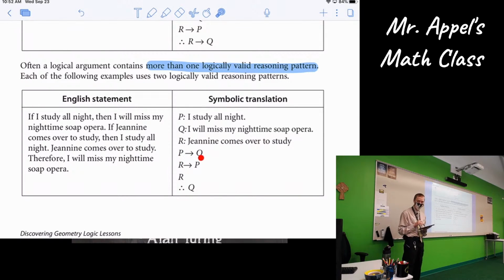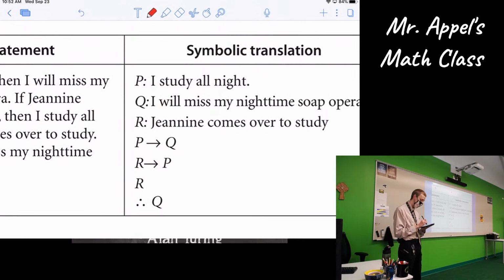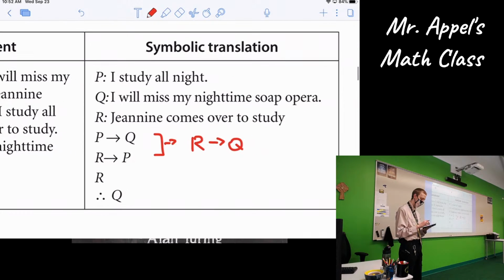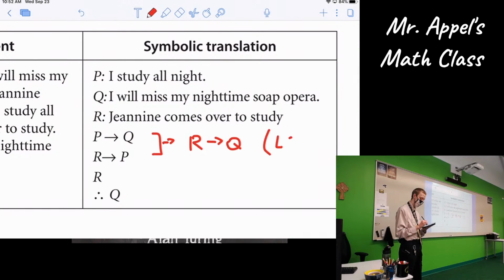Right? If P, then Q. If R, then P. So we can say, step 1 would be take these two things and create if R, then Q by law of syllogism, right? Hey, I've got two conditionals. I've got a matching statement on two ends.